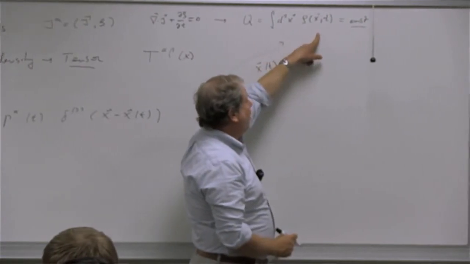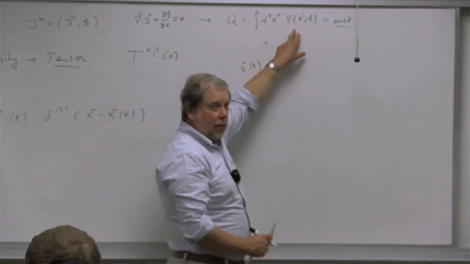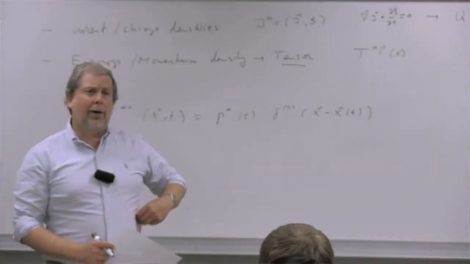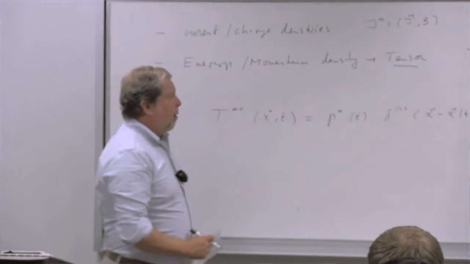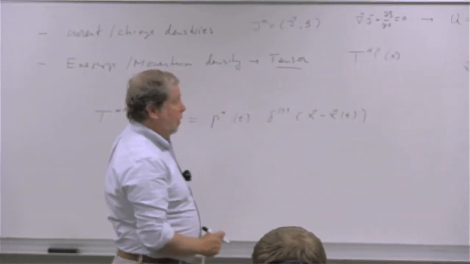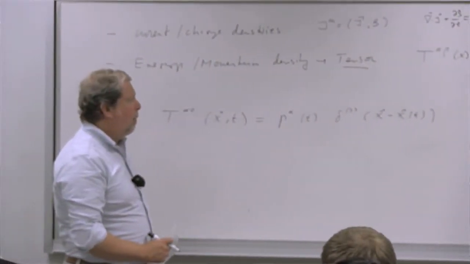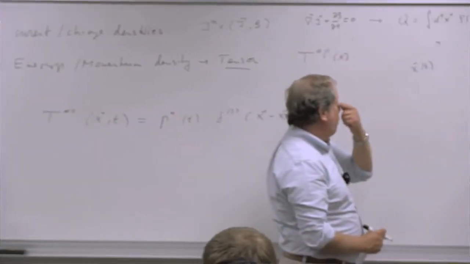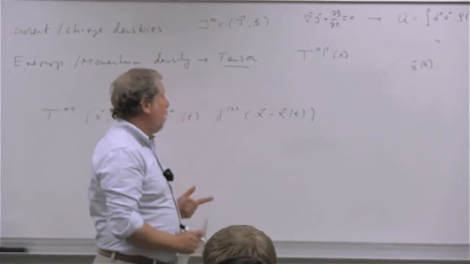You get d rho by dt, which you can rewrite as minus the divergence. And the divergence is then a boundary integral, right? It's an integral at infinity. And using the divergence theorem, that is a constant. Sorry, the time derivative is 0, so that the Q is a constant.